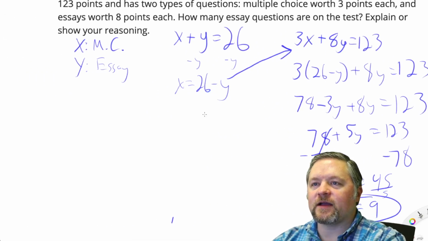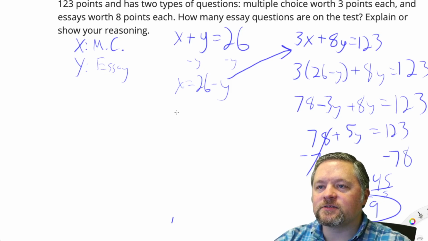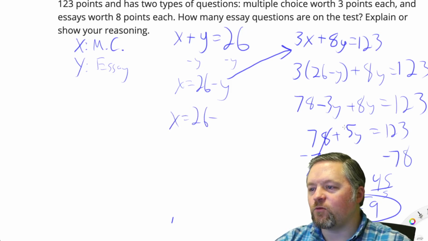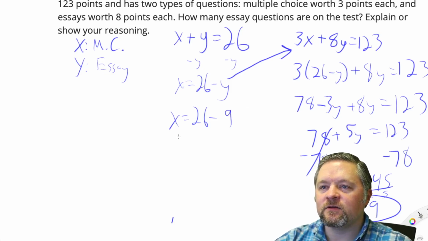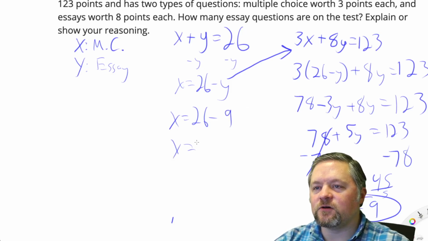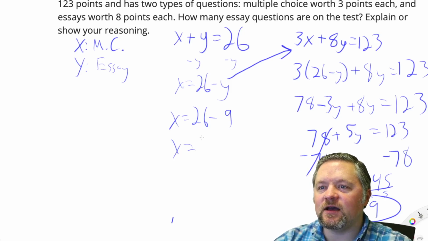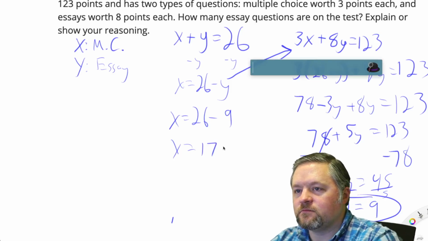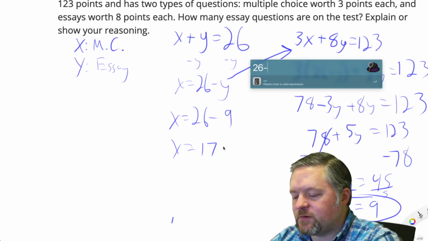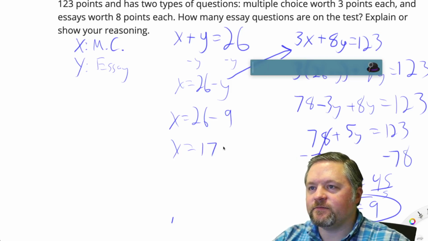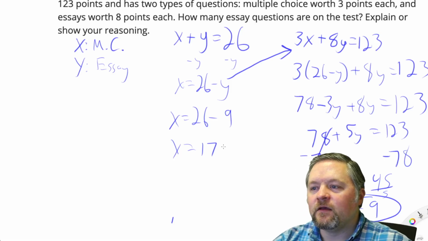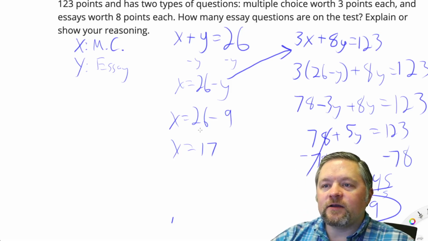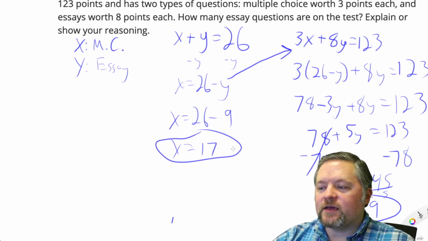Now I know y equals 9, so let's look back up here. Well, X equals 26 subtract Y, but Y is 9. So X equals 26 minus 9, which is 17. So I know what X is and I know what Y is.